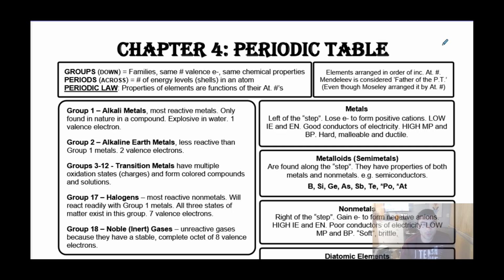And then when those elements were eventually found, they matched his predictions almost to a T. It was really, really impressive at the time. So he's known as the father of the periodic table, although Henry Moseley then corrected the minor imperfections in Mendeleev's table.